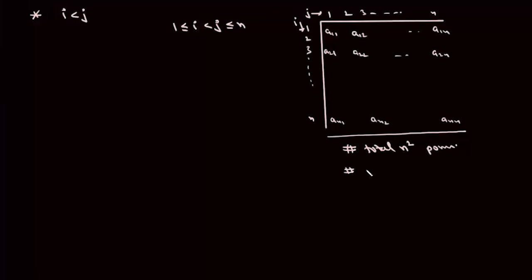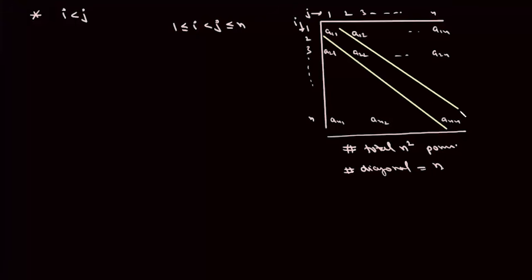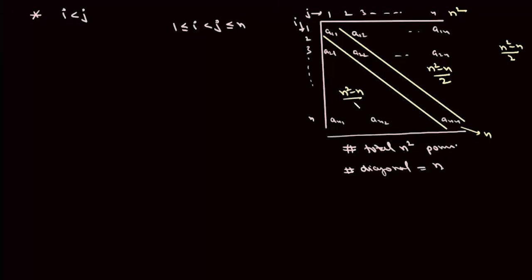Now the number of points in the diagonal will be n. So in the diagonal we'll have n points, and in total it has n square points. Now, how many points are remaining? The remaining points are n square minus n. And since we have two triangles, in each there'll be n square minus n by 2 points, or simply nC2 points.